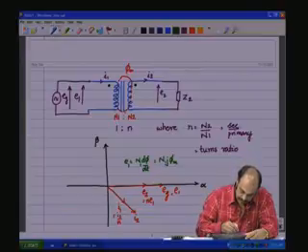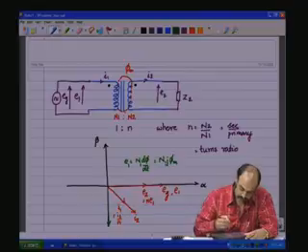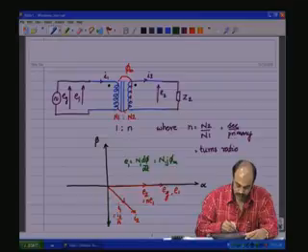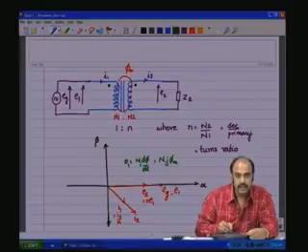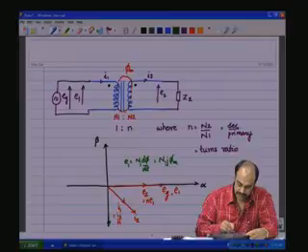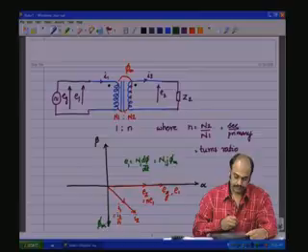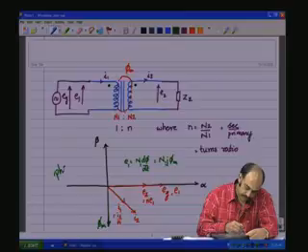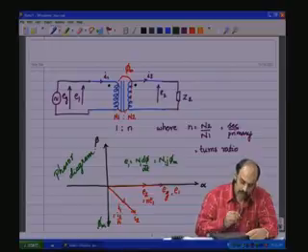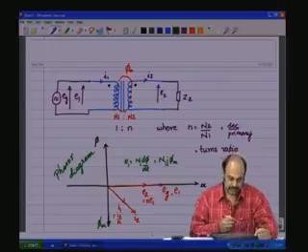What it basically means is that the phi m direction is rotated anti-clockwise by 90 degrees through j to obtain the direction of the induced EMF or the induced voltage, which is E. So, this would be the phi m direction. So, this is the phasor diagram for this idealized transformer.